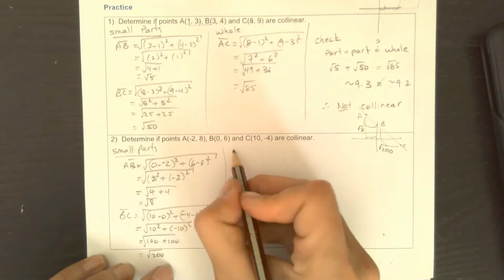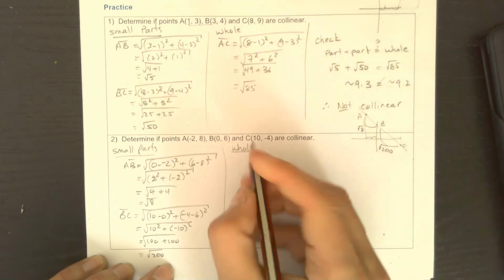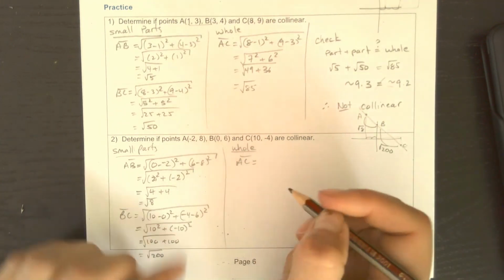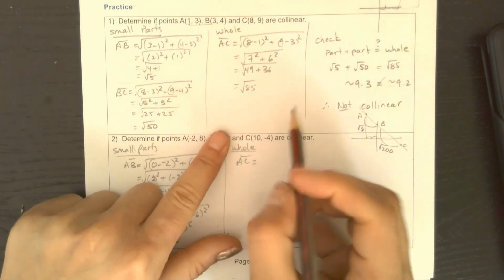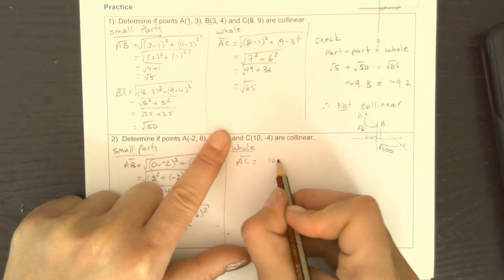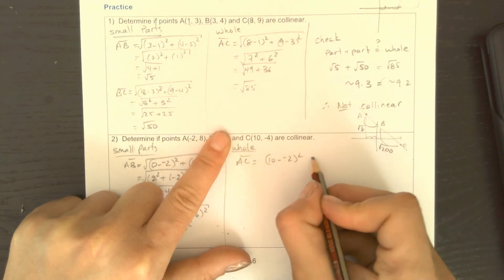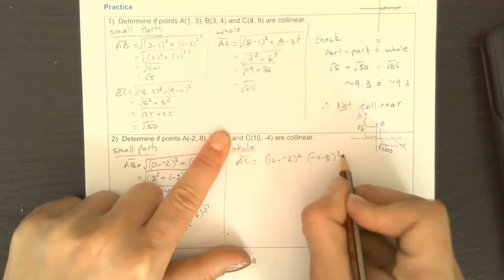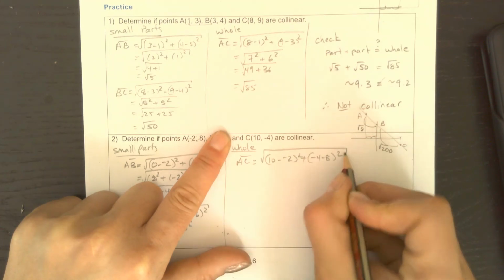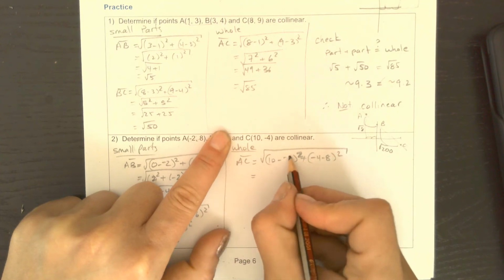Now I have to do the whole. So the whole is called AC. So let's cover up B. So I'm going to go 10 subtract -2, -4 subtract 8. Okay, 10 subtract -2 is 12.